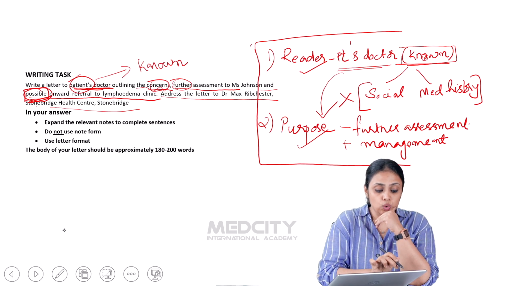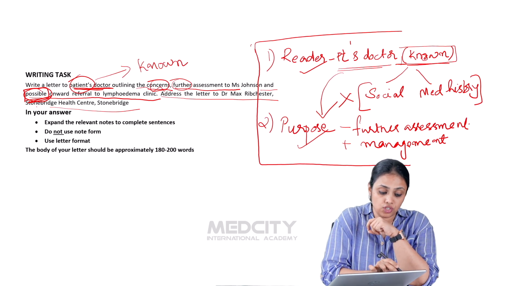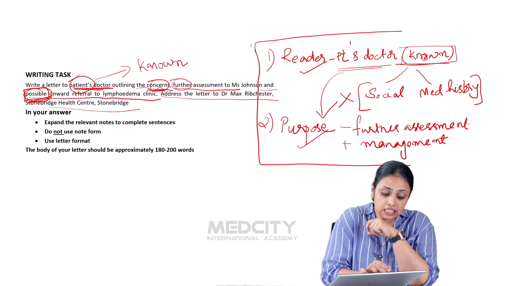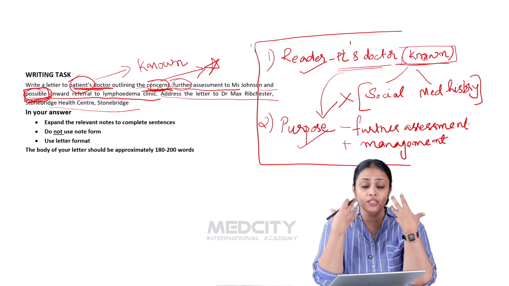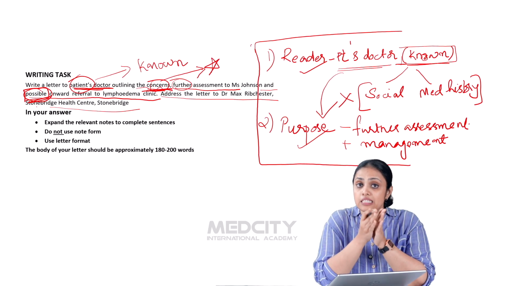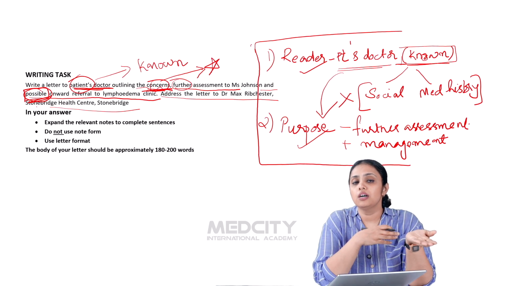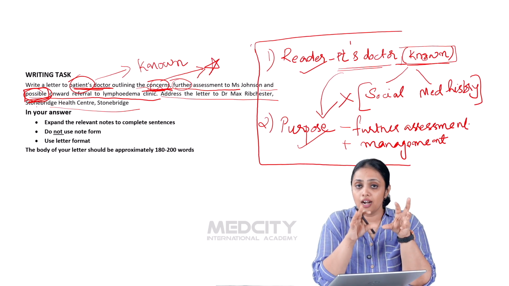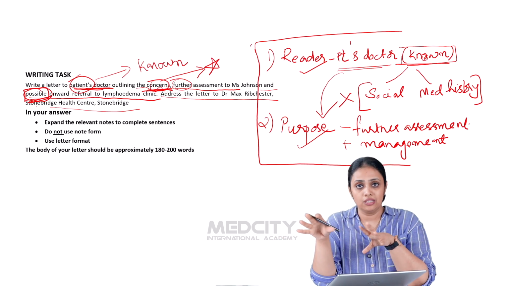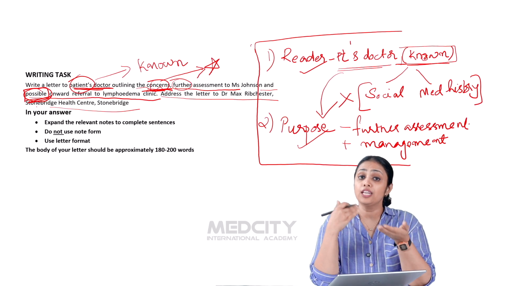Now, if you go through this writing task, it says to write a letter to the patient's doctor outlining the concerns. Did you notice? Outlining the concerns. Being somebody who is currently taking care of the patient, it is your concern to pass on the problems or the situation that your patient is going through to the patient's doctor, who has been taking care of this patient before handing over to you.